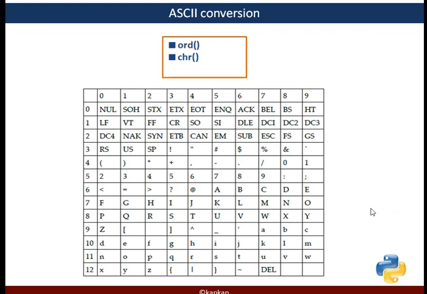So next we will start today's topic, operators.